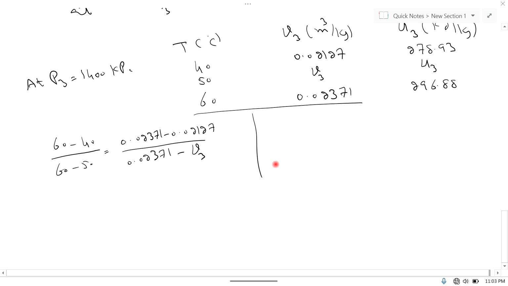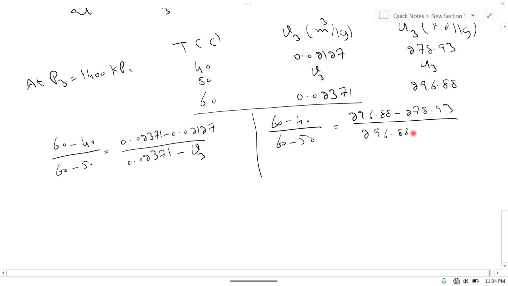Similarly, do interpolation for internal energy. So 60 minus 40, third value minus first, divided by third value minus second value, is equal to 296.88 minus first value 278.93, divided by 296.88 minus U3. So find V3 from this value.